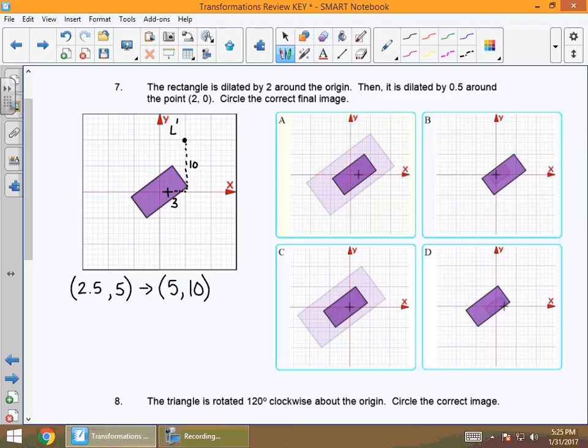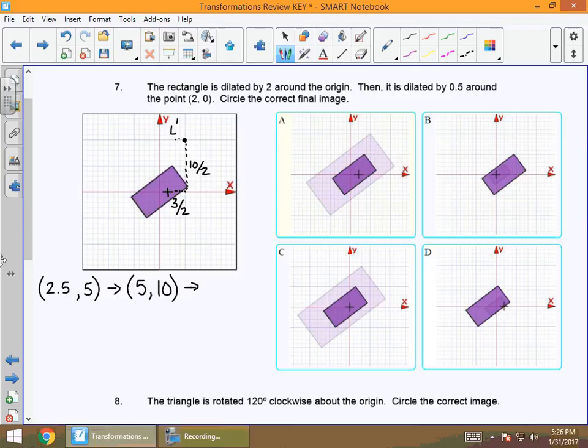So what I want to do is cut this in half. So half of 10 and half of 3. Well, half of 3 is 1.5. So from this 2, I need to go 1.5, or if you think of it from 5, I have to come back 1.5. It really doesn't matter which way I look at this. From this 5, where L is sitting, I want to come back 1.5, because that's half of 3.